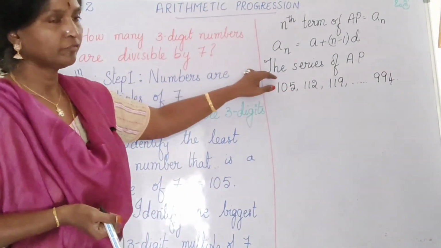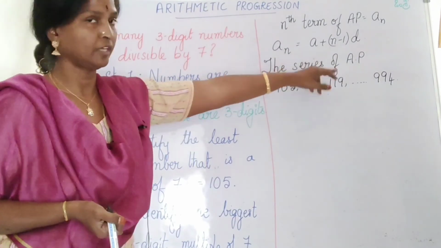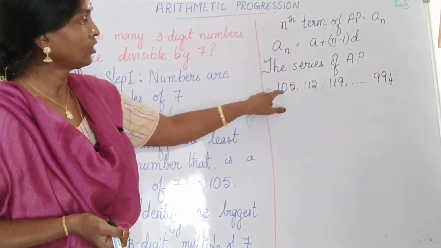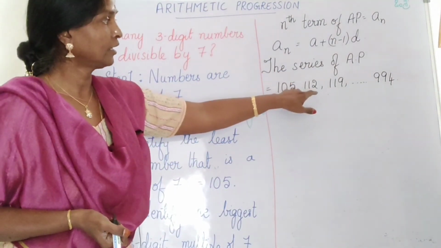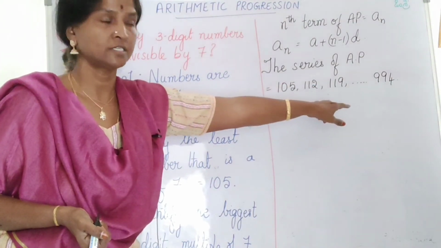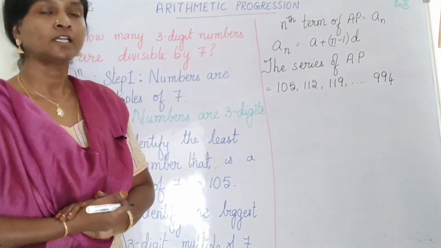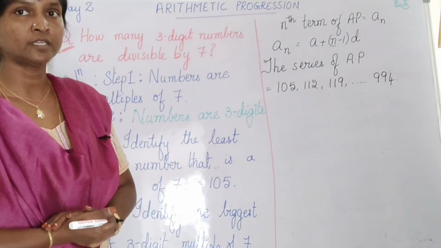So here we are writing the series of the AP as 105, 112, 119 and so on till the last number, which will be 994.